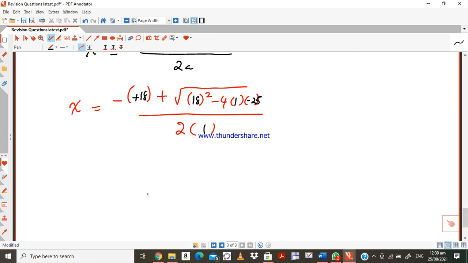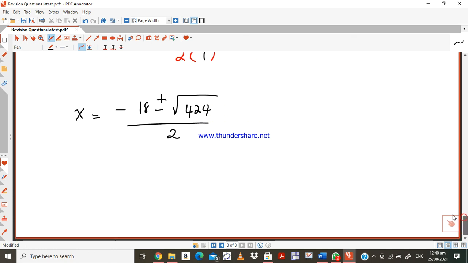So x is going to equal minus 18, because this gives you 18, plus minus square root of 424 all over 2. When you grab your calculator and punch in correctly, one answer will be approximately 1.30, or another answer will be approximately negative 19.30, because the question wants us to give it to 2 decimal places.